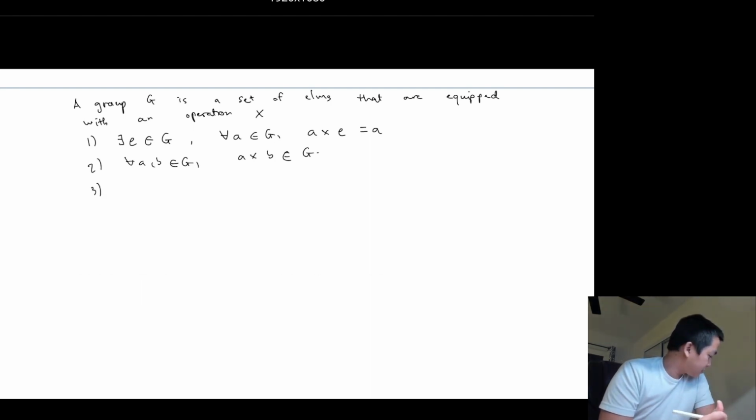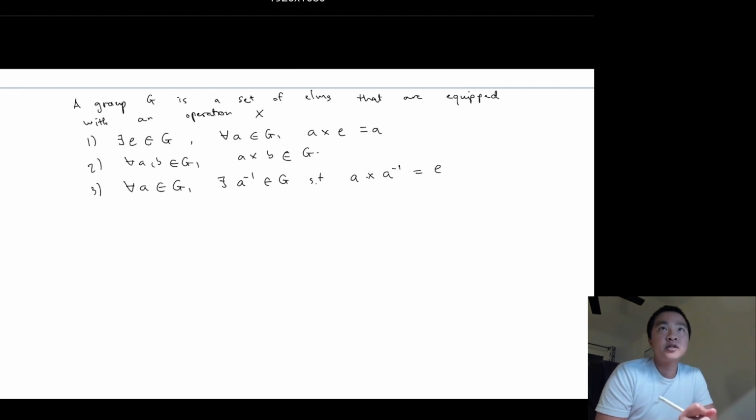The third property is that for all A in G, there's an inverse element also in G, such that A times A inverse is equal to the identity element. And the final fourth property is that this operation is associative.